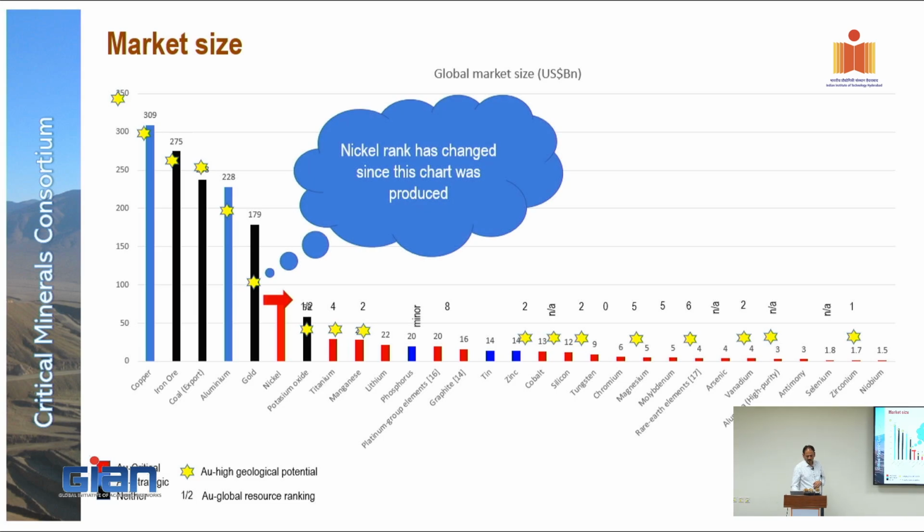So nickel has become a critical mineral in Australia because, I told you, right? Did you read my nickel article? Nickel prices plummeted from $55,000 per ton to $16,000 per ton in a span of 3 months.